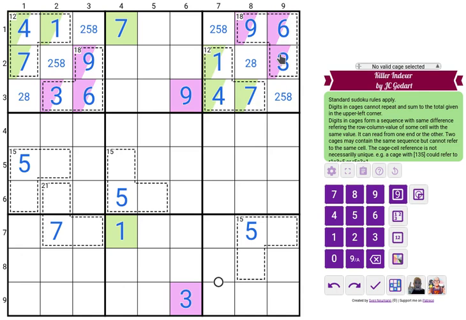And then, so what do we have here? 3 goes here. This is 2 5 8. 1 goes here. 2 5 8. There's no 5. So the 5 goes here for the row.